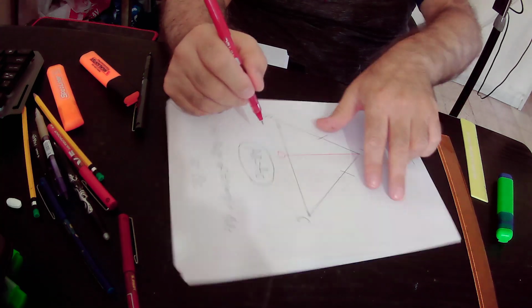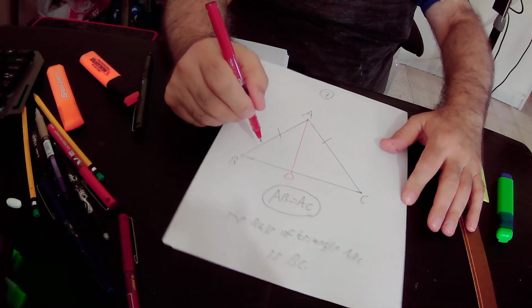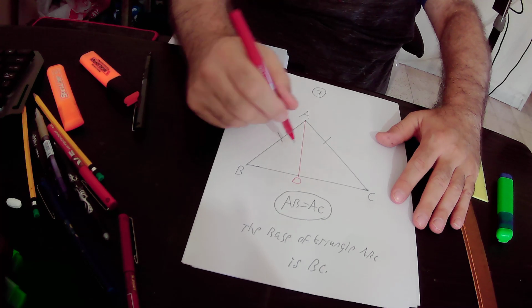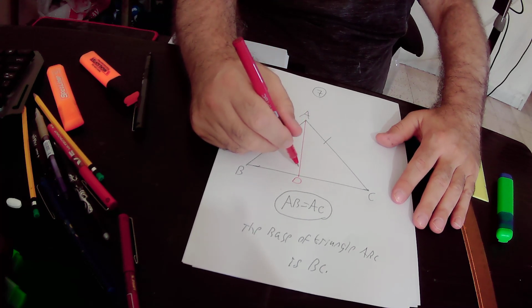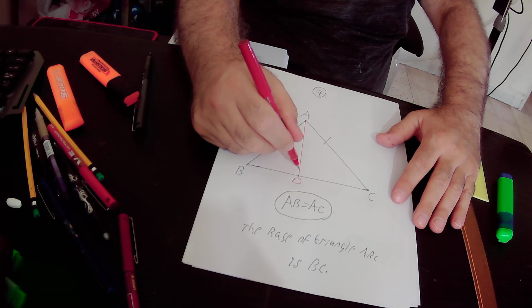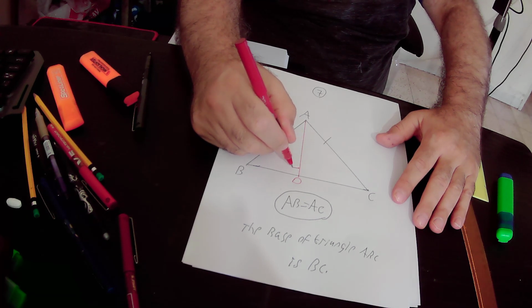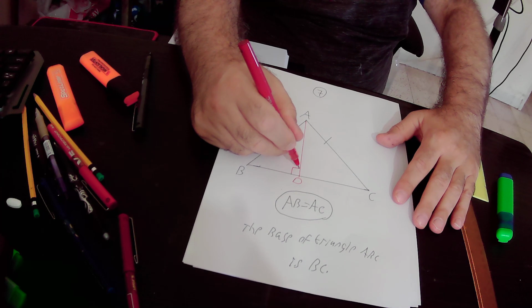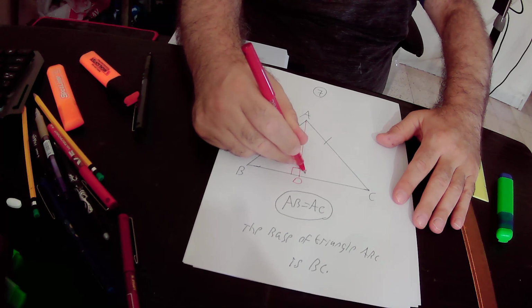As I've already mentioned, the height always creates 90 degrees with the base BC, that is to say, AD creates 90 degrees with BC, so this angle is 90 degrees, and this angle is 90 degrees.